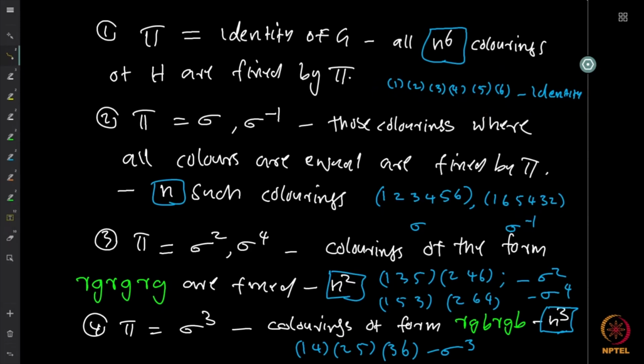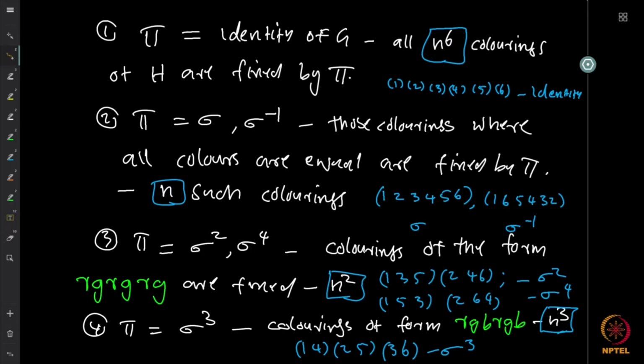Now, on the other hand, suppose we have the generator, let's say sigma, which is the rotation by one: 1 going to 2, 2 going to 3, 3 going to 4, 4 going to 5, 5 going to 6, and 6 going to 1. So if sigma is the generator, which kind of colorings does sigma fix? Because it is rotating the colors in a cyclic fashion, the two colorings are equal only if all the colors are the same, because the colors basically move around in a circle.